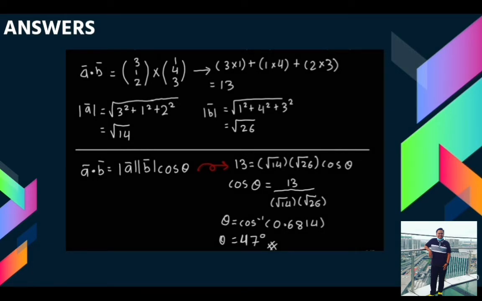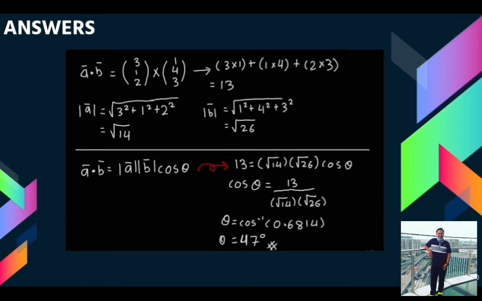Such as 3 times 1 plus 1 times 4 plus 2 times 3. So the answer is 13. Then we want to find A magnitude, such as square root of 3 squared plus 1 squared plus 2 squared.